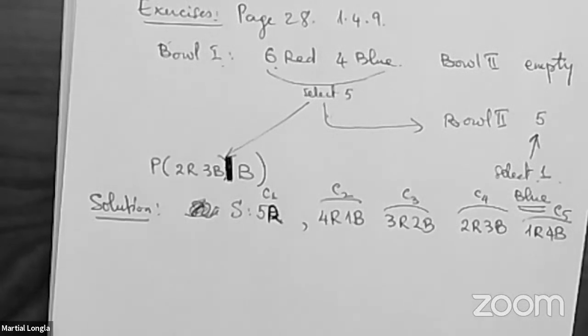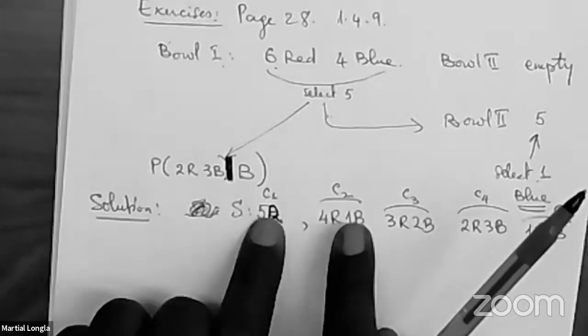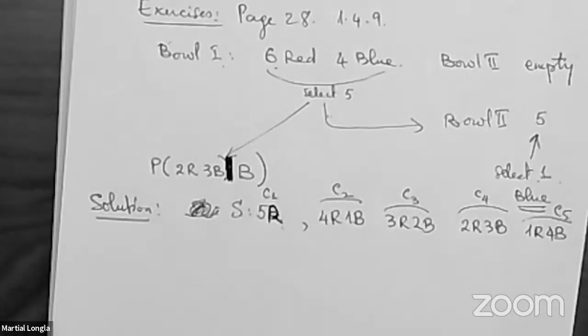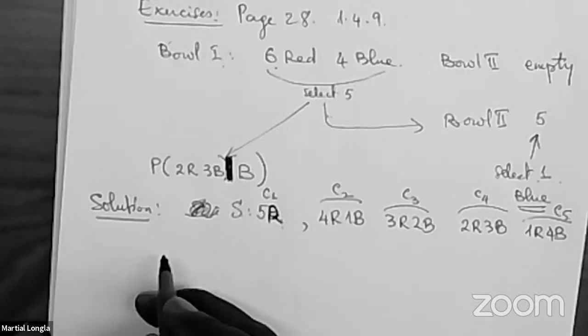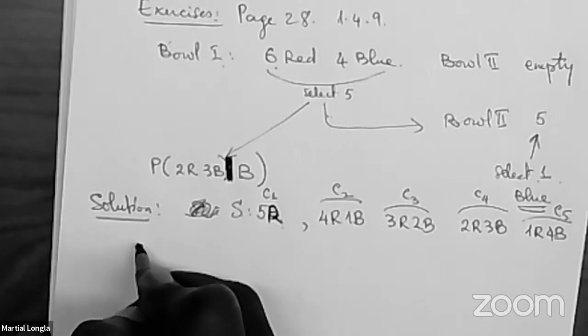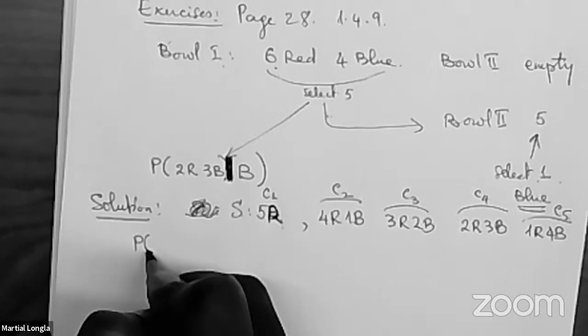Could we have 5 blues? No, because we don't have up to 5. So the sample space splits into 1, 2, 3, 4, 5 disjoint sets. The intersection of any two of them is empty. Does that make sense? All right. So now, what is the probability of C1?